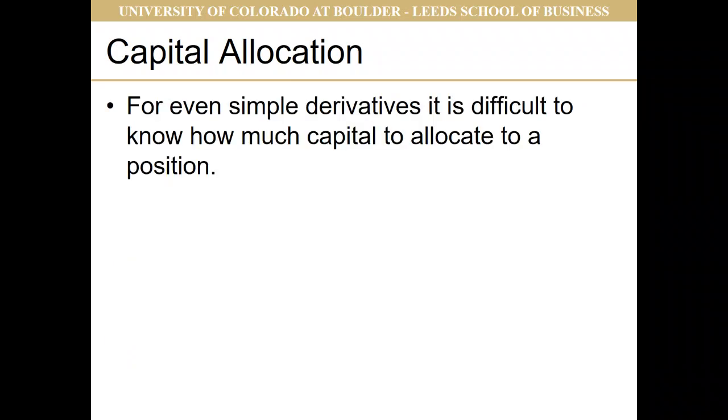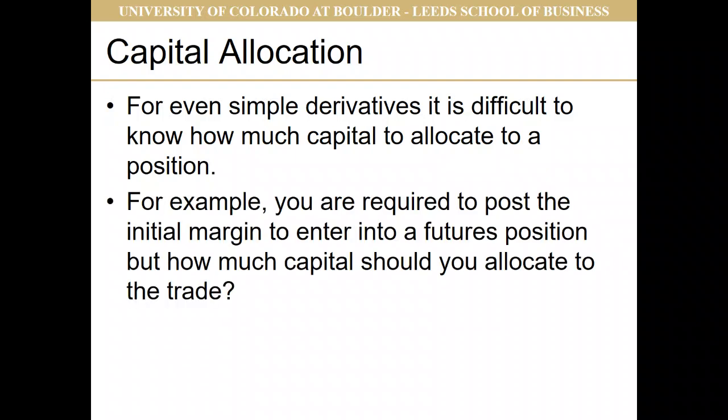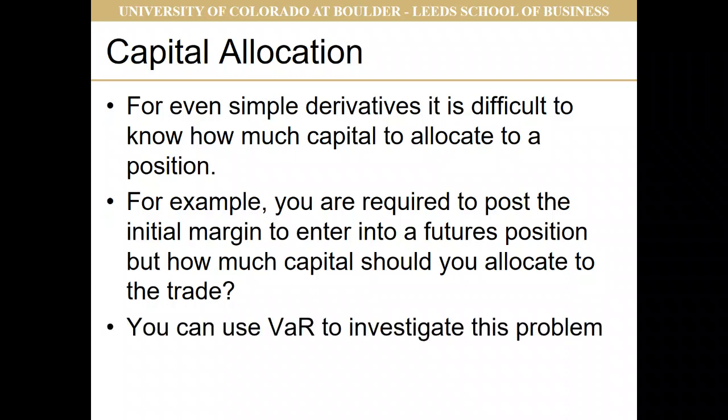Capital allocation. For simple derivatives, a futures position, it's difficult to know how much capital to allocate to the position. For example, if we enter into a futures position, we are required to post initial margin. But how much capital should we allocate to this trade? How much money should we put aside because we have this position? We can use value at risk to investigate this position.